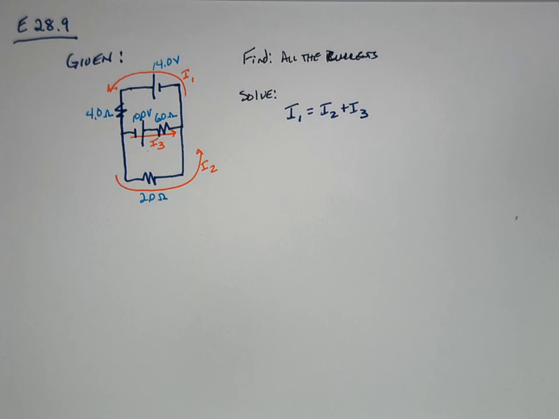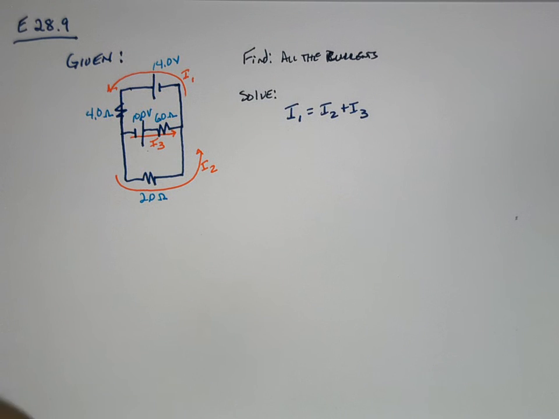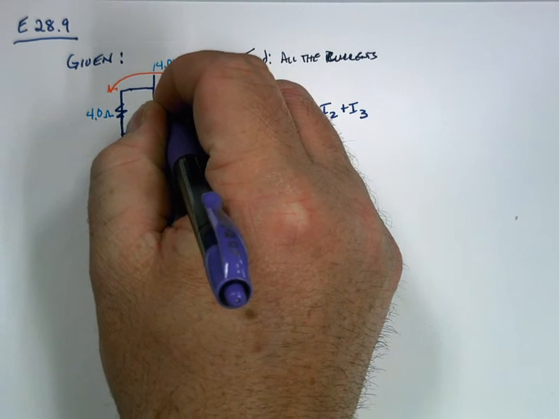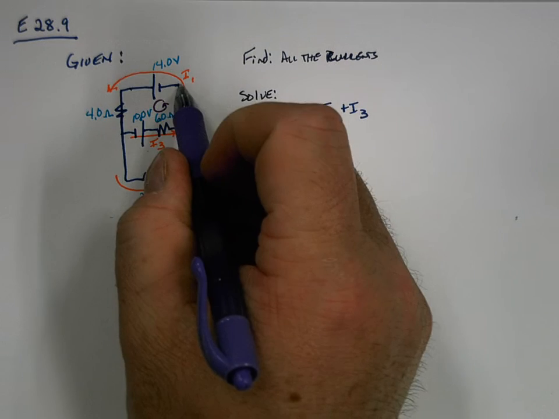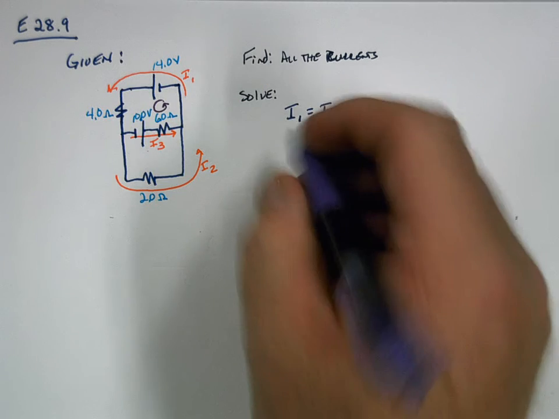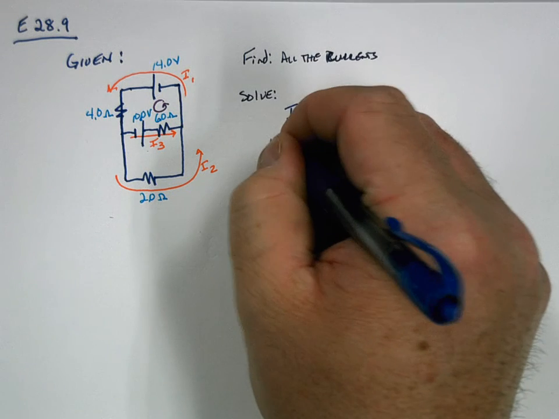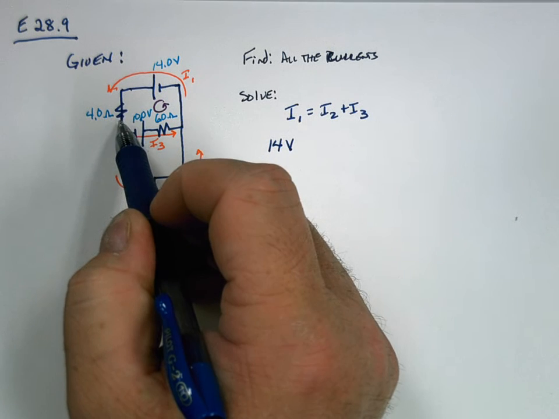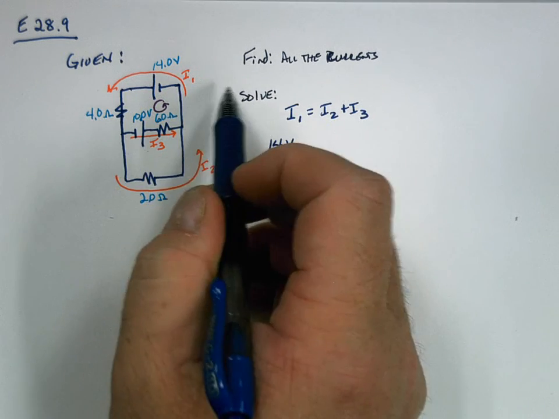So I'm going to choose another loop, and I'm going to use a different color for that too. I'm going to choose this loop here, and so we do our voltage walk. I'm going to start here, and we're going to add 14 volts. Then we come down here, and we're going to lose 4I1.